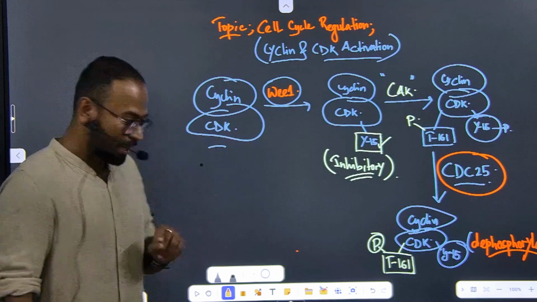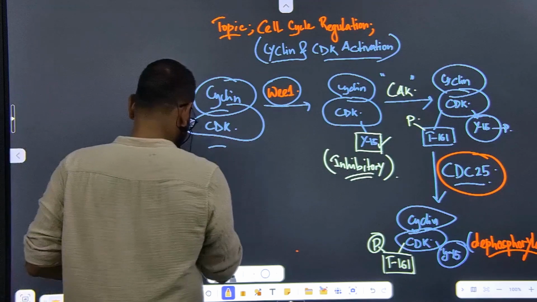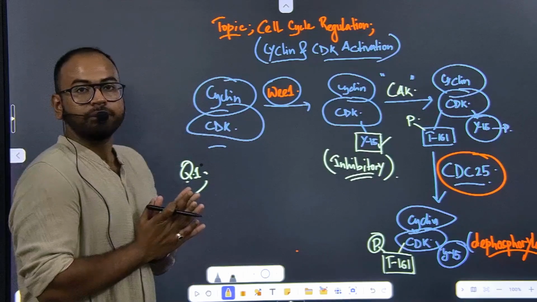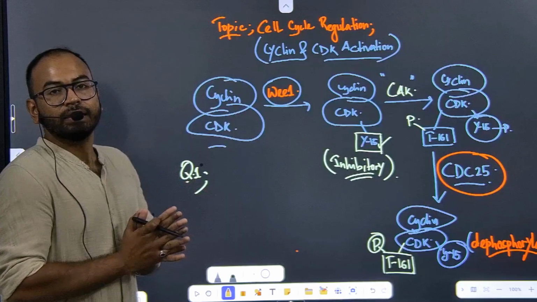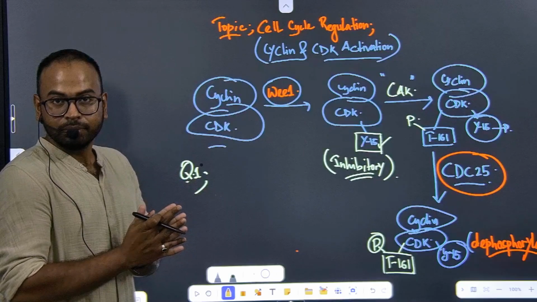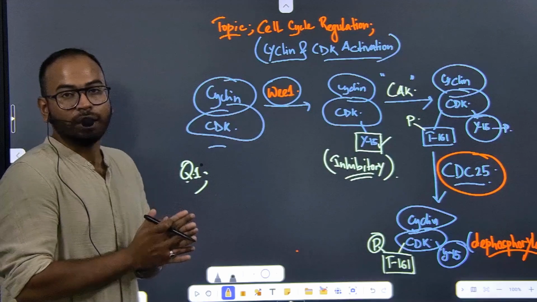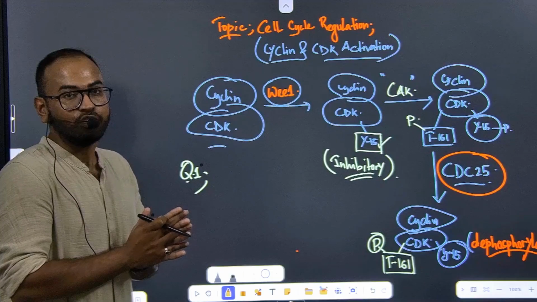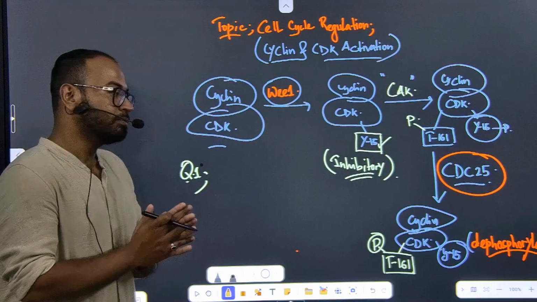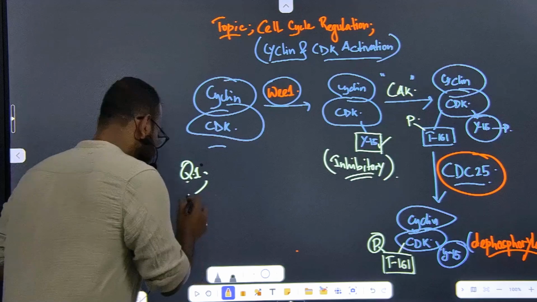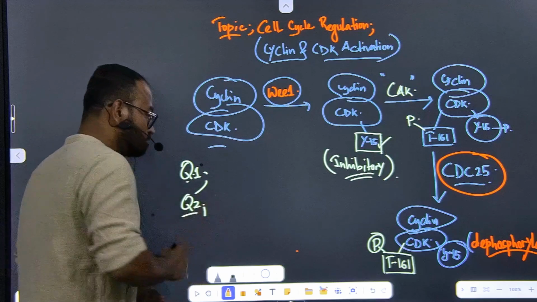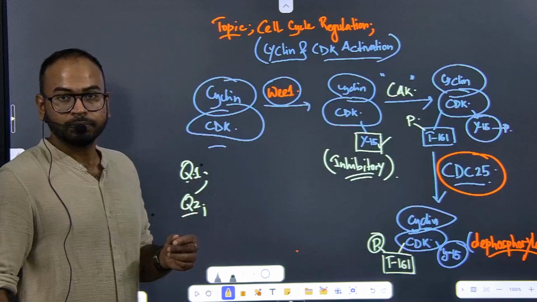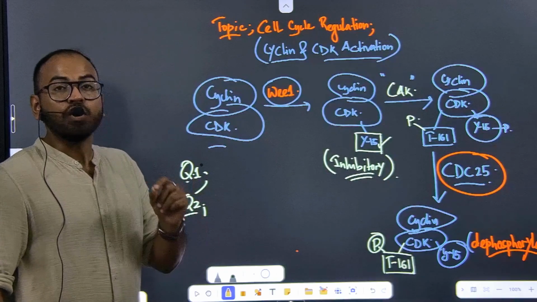Question number one: how come only tyrosine 15 gets dephosphorylated? Why is threonine 161 not also dephosphorylated by means of CDC25 phosphatase activity? This is my question one. And my question number two is, apart from tyrosine 15, there lies another inhibitory approach by means of threonine 14.